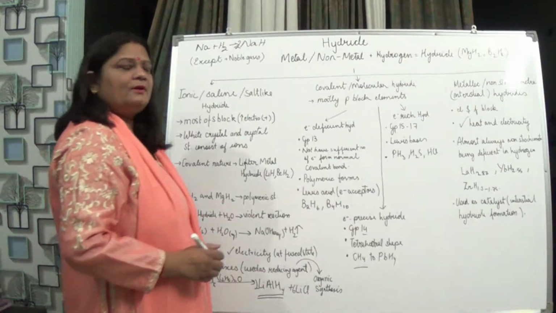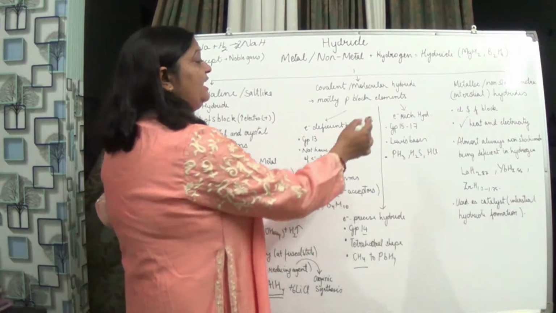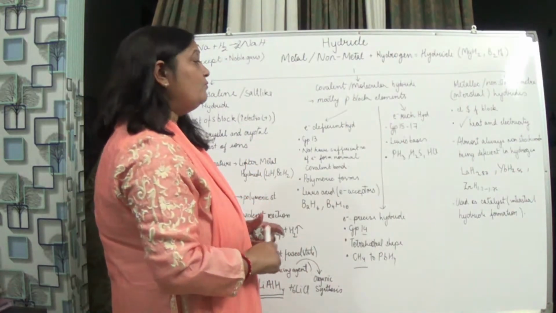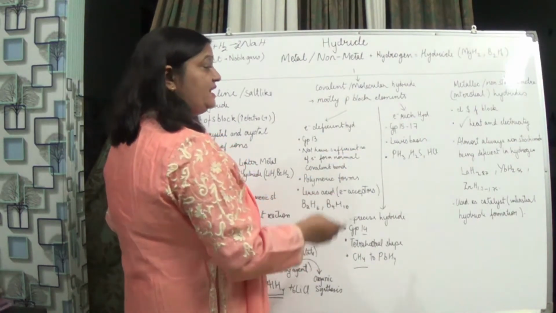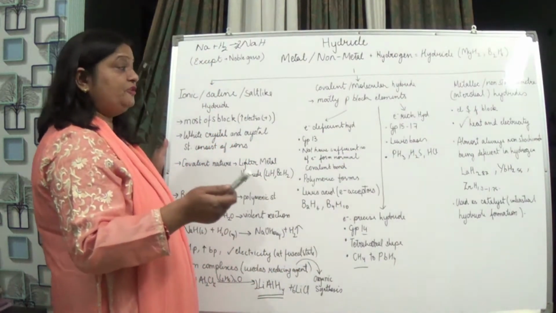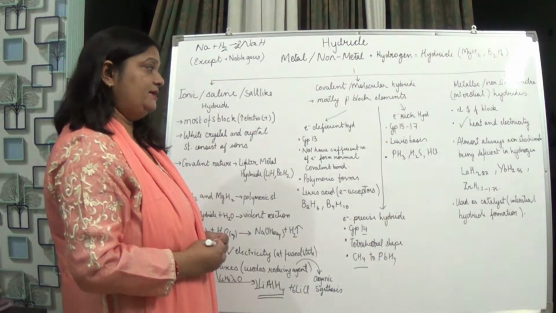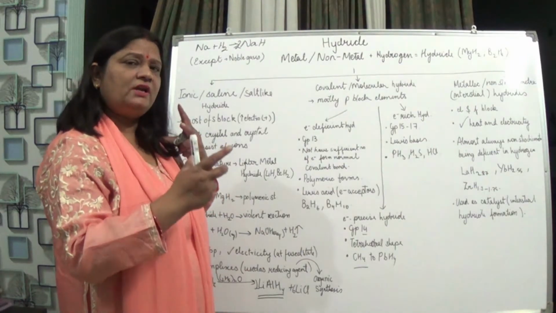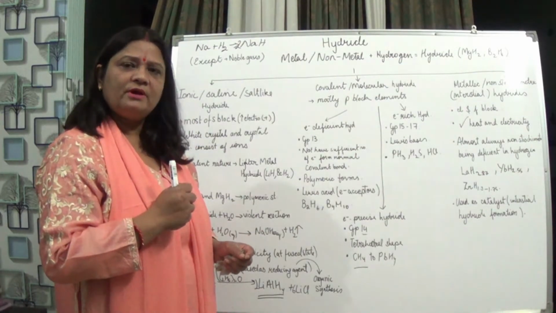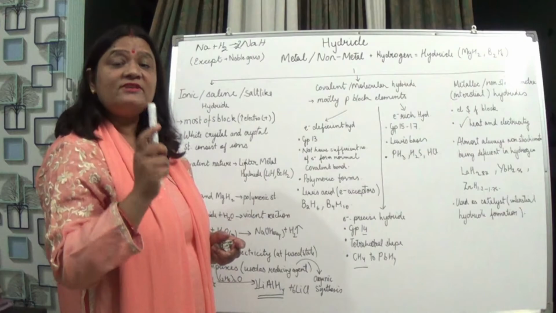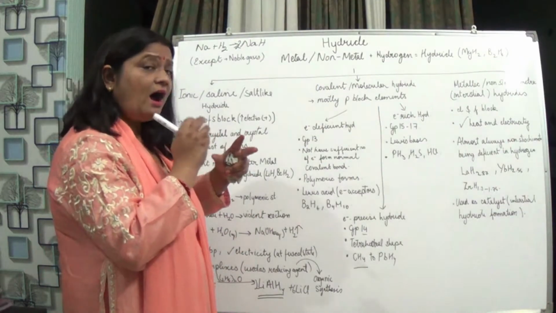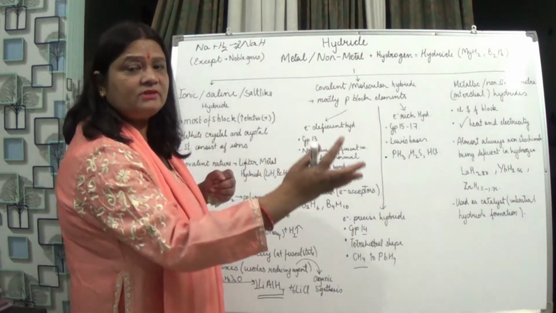Okay, now talking about the electron rich hydride. What happens in this? Groups 15 to 17 form electron rich hydrides. If they are rich in electrons, naturally what will they form? They are Lewis bases, because they are rich in electrons, they can give these electrons.